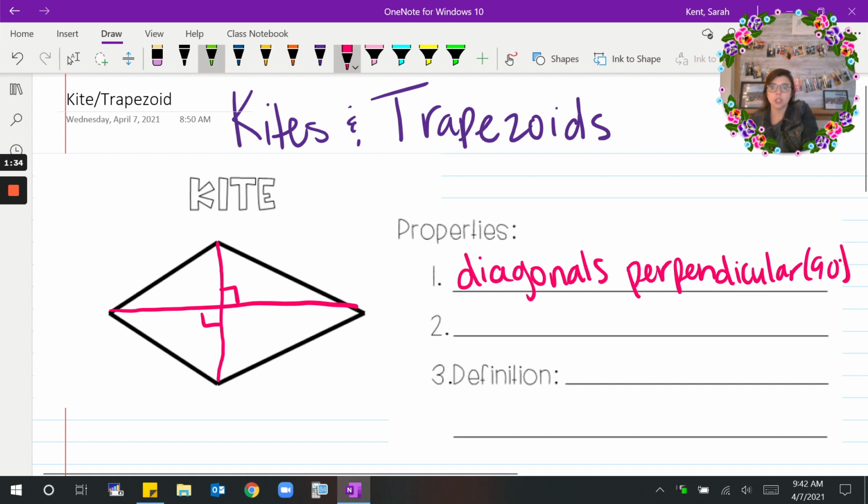Property number 2 is that there is one pair of opposite equal angles.